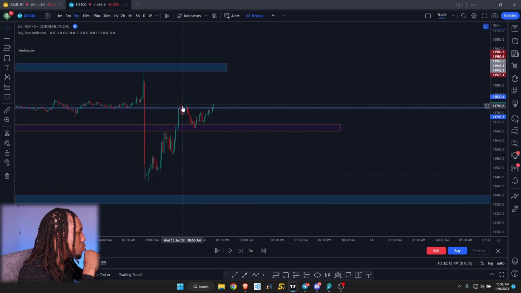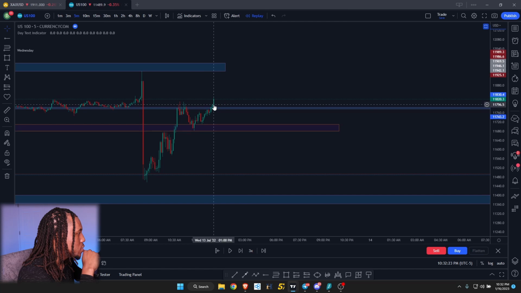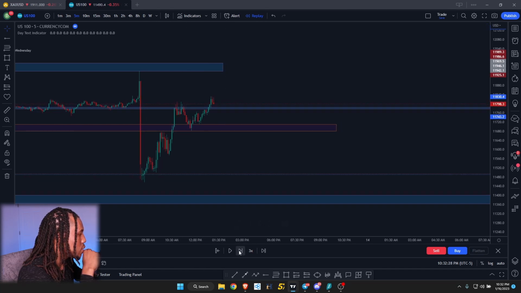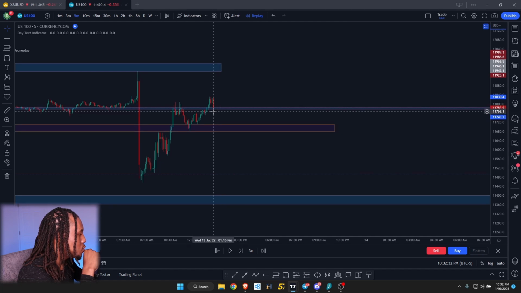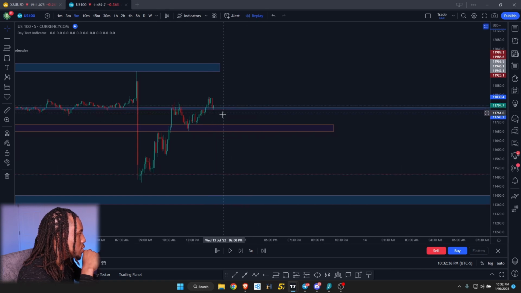But if we can get another break and retest before, I want to say, 3:30, then I'll look for an entry. Okay, so here's my clean break. Here's my retest, right? Because of the time, I just want to see some sort of bullish confirmation.